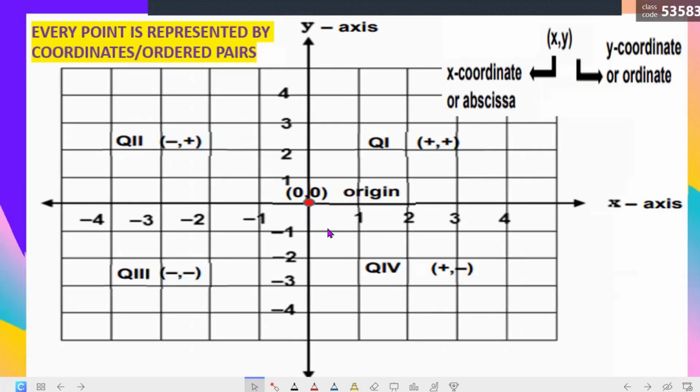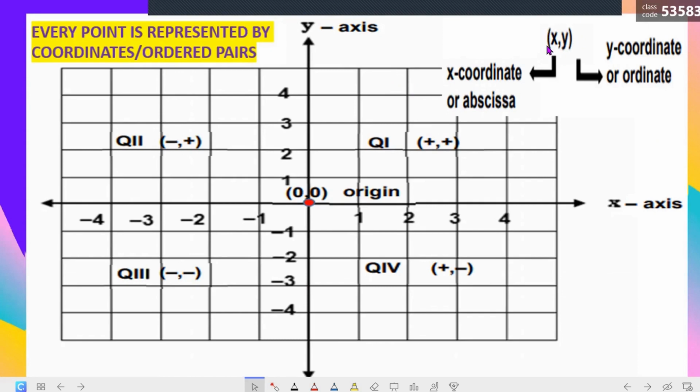All right. So every point in this Cartesian plane is represented by coordinates or ordered pairs. This plane is made up of many different points, and these points are represented by ordered pairs. And how do we write ordered pairs? This will be the notation that we use.